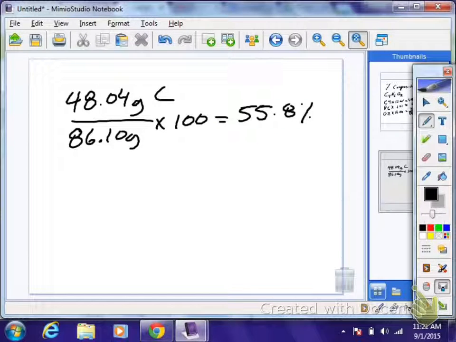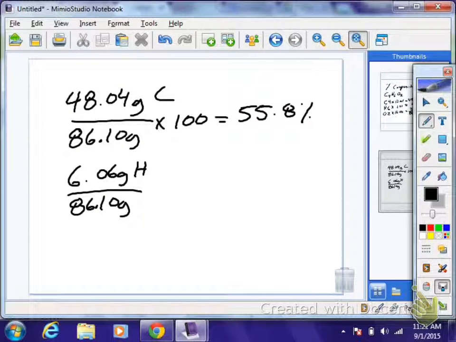Next one. We just go down the line: 6.06 grams of hydrogen divided by the 86.10 grams total times 100, and we get 7%. So by weight, even though it looks like you have a lot of hydrogens, it doesn't contribute very much. And then oxygen would be next. If we wanted to, we could stop there, add those two together, and subtract from 100 to get our remaining percentage.